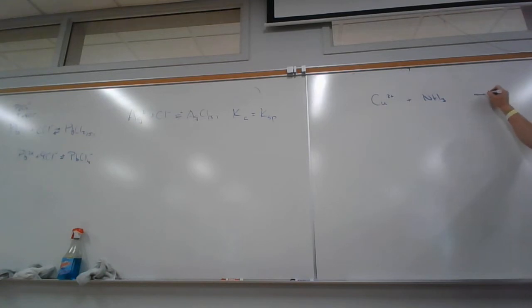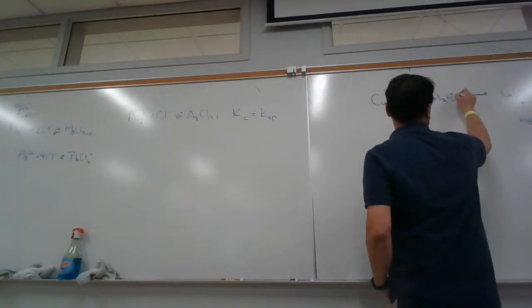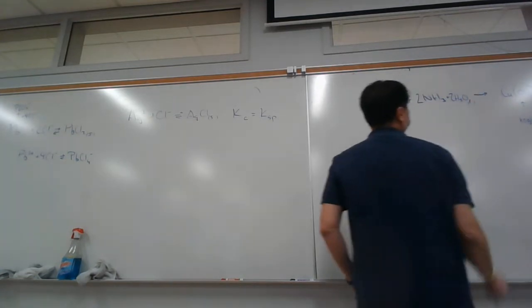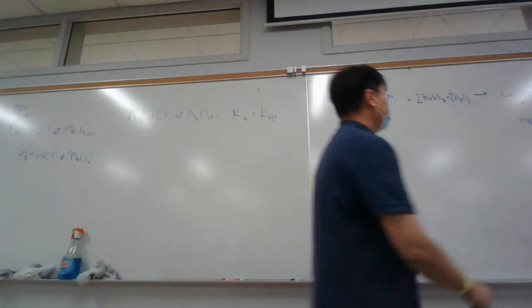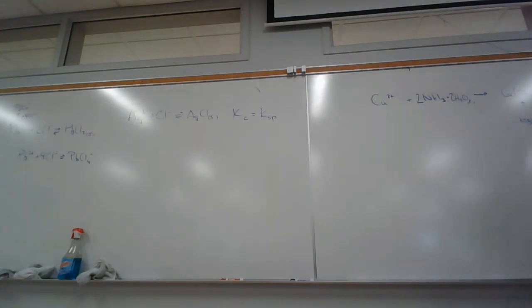We end up with a light blue precipitate. This is a light blue PPT. Okay, how much ammonia is this? Well, this turns out to be 2 ammonias and 2 waters, 2 liquids. And what we end up forming is copper 2 hydroxide plus 2 ammonium here.